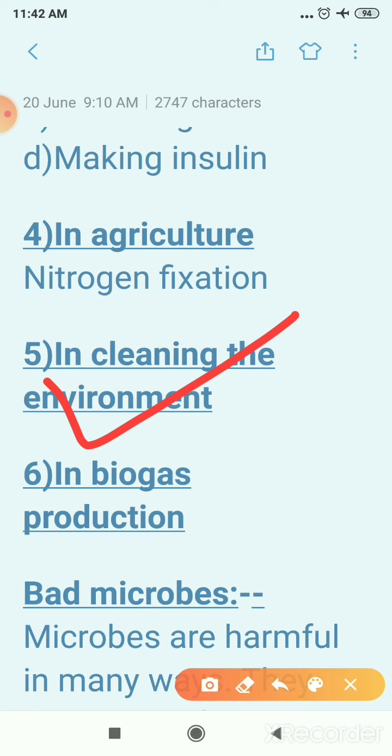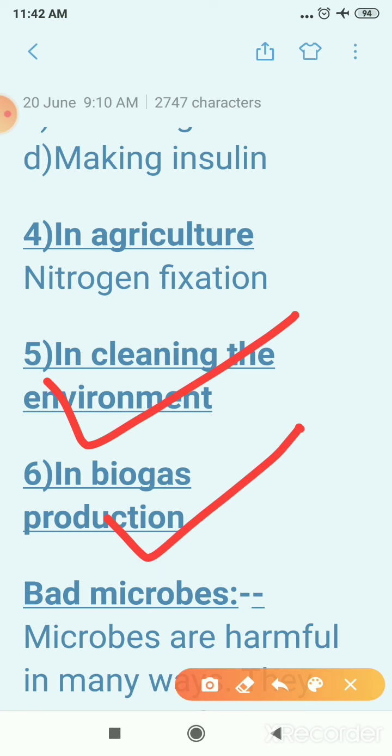They break down plant and animal tissues into simple substances which are restored to the soil again. Microorganisms are used in biogas production. Some other industries also use microorganisms. Bacteria are useful in tobacco, leather and jute industries also.